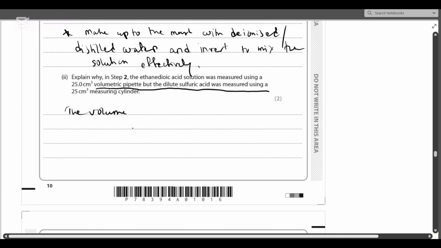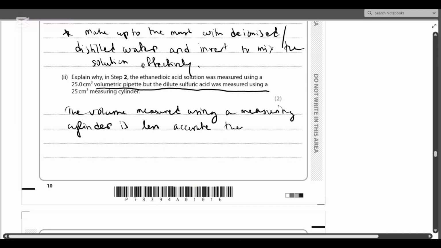So we can say that volume measured using a measuring cylinder is less accurate than a volumetric pipette.